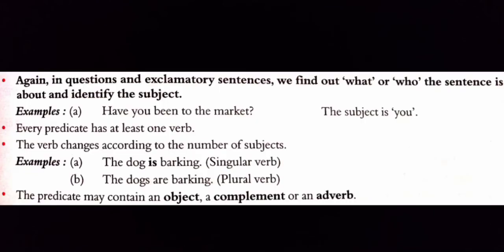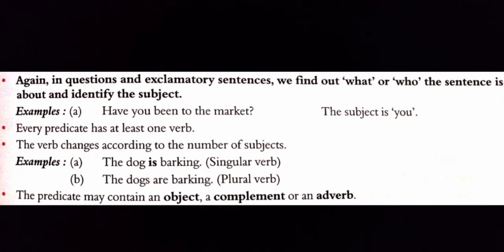In question sentences, we find out what or who the sentence is about and identify the subject. For example, have you been to the market? Here the subject is you. Every predicate has at least one verb.